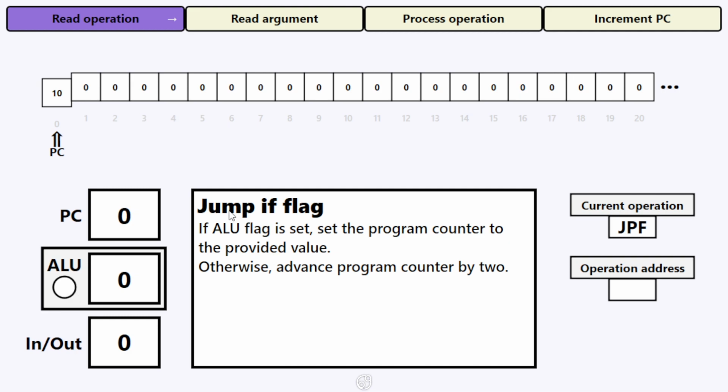That flag determines if this jump if flag, opcode 10, reacts and does a jump or is ignored. That's how we can react to this flag being set. If this flag was set, it will cause a jump, and we can do special code to deal with the case where we had an overflow, for example. And if the flag was not set, then we know everything was fine.